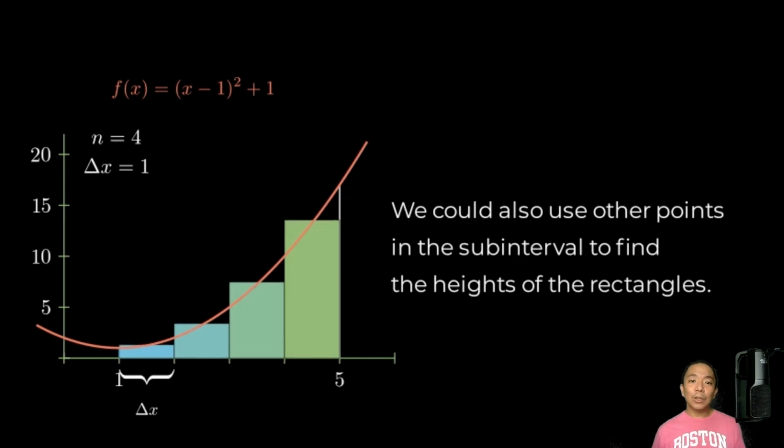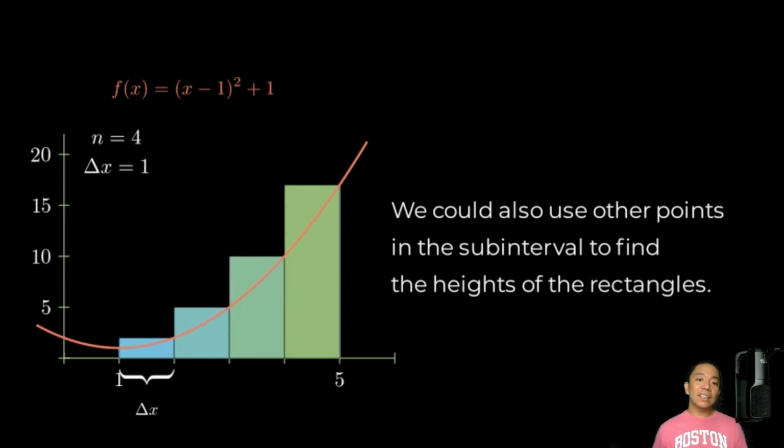Pwede rin natin gamitin yung rightmost endpoint. In this case, para ma-determine yung height nitong rightmost rectangle, we are evaluating at x equals 5 kasi siya yung rightmost point ng subinterval na 4 to 5. So it's f of 5 times 1 for this rectangle. Now, for all these 4 rectangles, kung yan yung gagamitin nating approximation, over approximation naman siya.